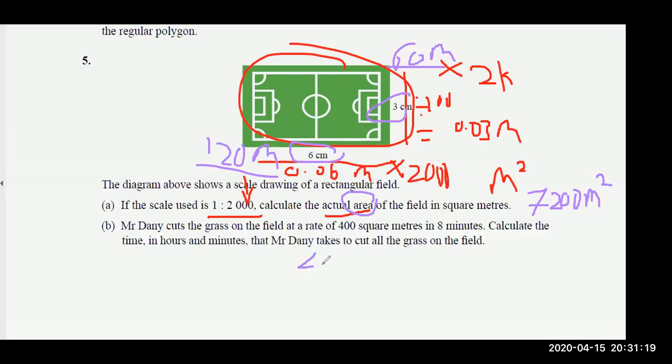So this one is 400 square meters in 8 minutes, right? So calculate the time in hours and minutes that Mr. Danny takes to cut all the grass on the field, right?